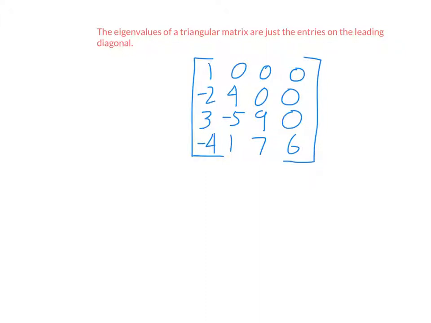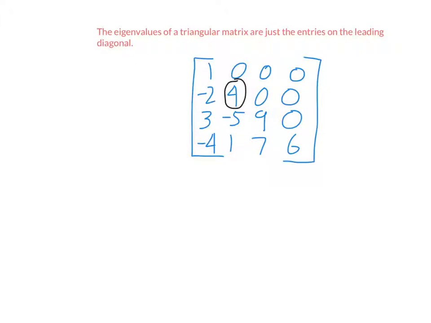Let's first look at the 1, 1 element here. So that's really simple. If I subtract 1 from each element on the leading diagonal, this entry will become 0, and I will have a row of all zeros. And that, of course, will mean that the determinant of the whole matrix will be 0. Look next at this element here, 4.